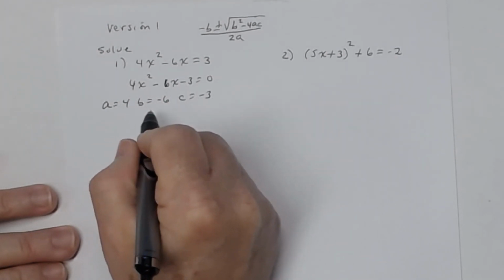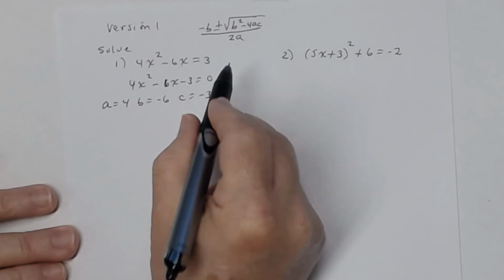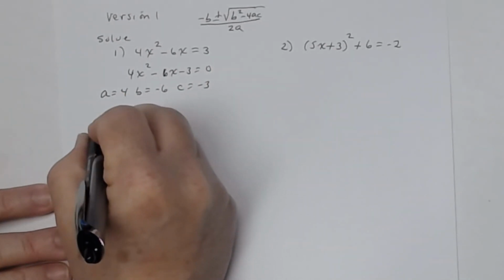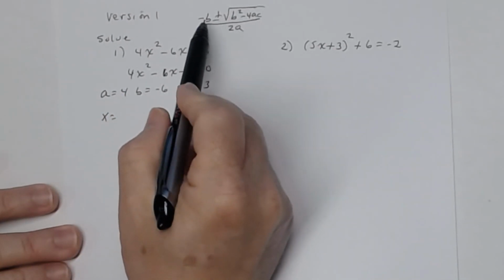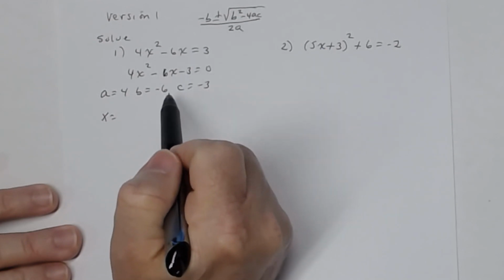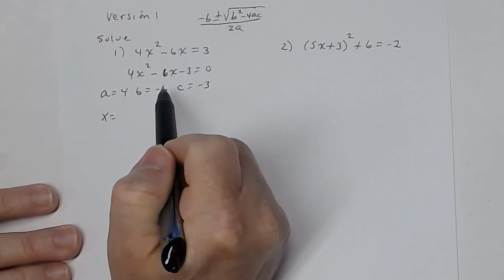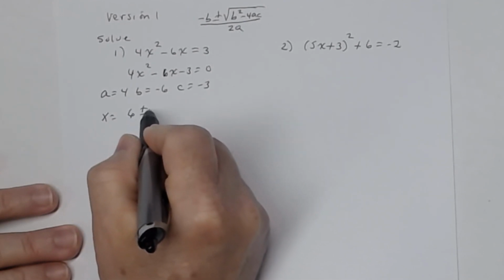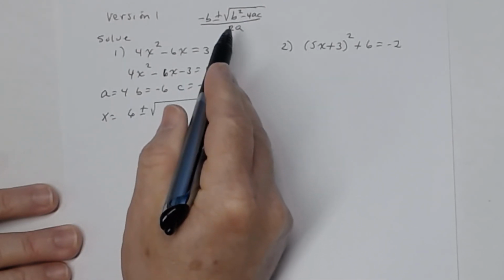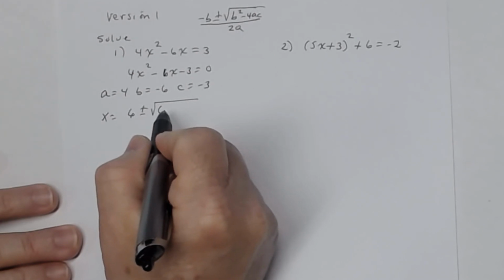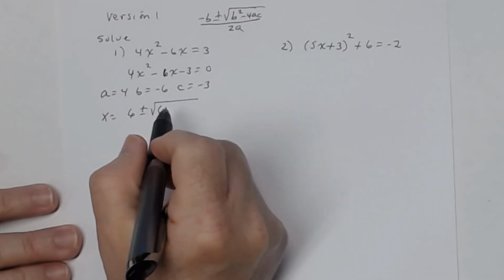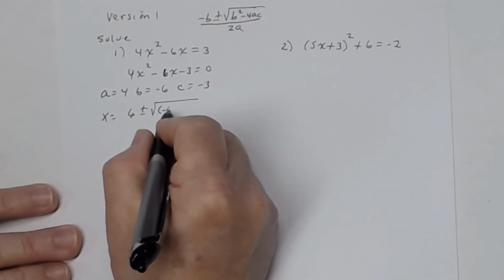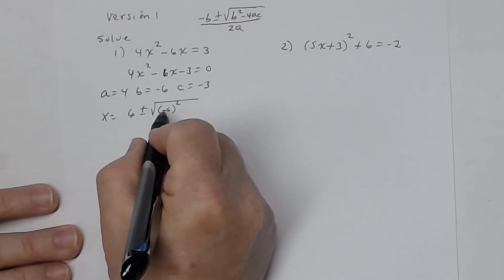And so we're going to take these values of a, b, and c, substitute into the quadratic formula, and I'm going to get x equal the opposite of b. Well, b is a negative 6. The opposite of a negative 6 is a positive 6. Plus or minus the square root of, and b, I'm going to put that in parentheses. We talked about how important that is to put b in parentheses, especially if b is negative.